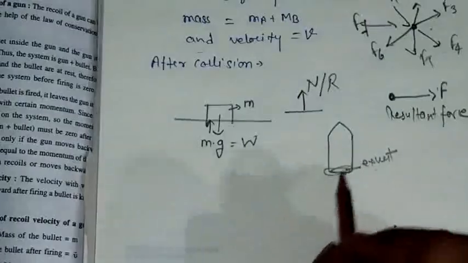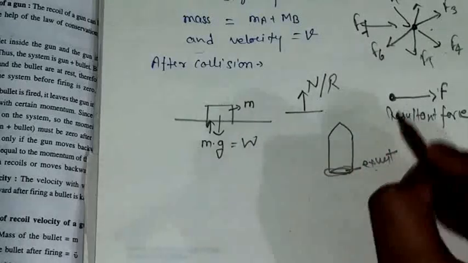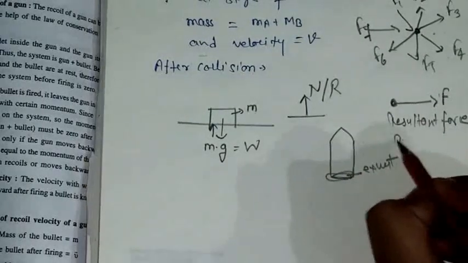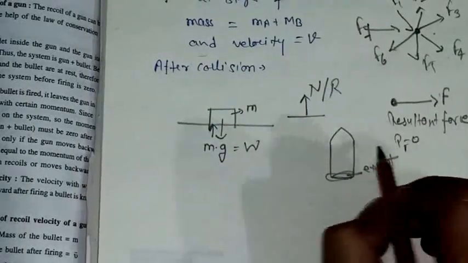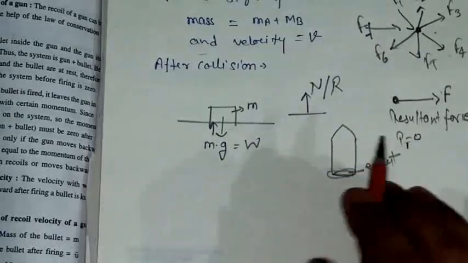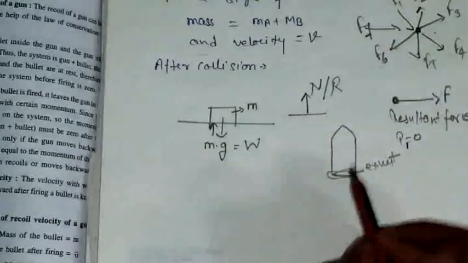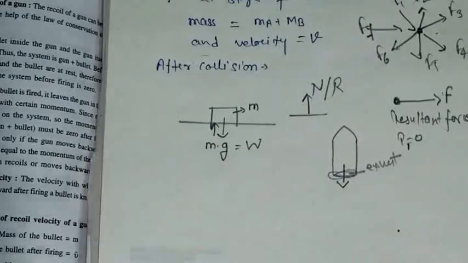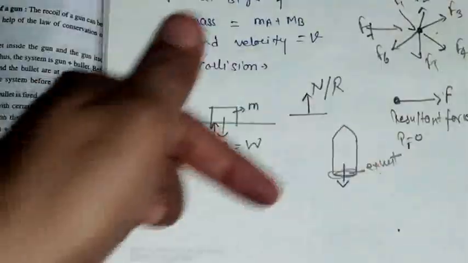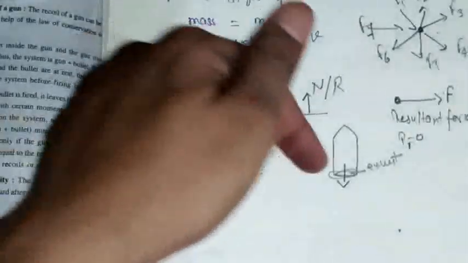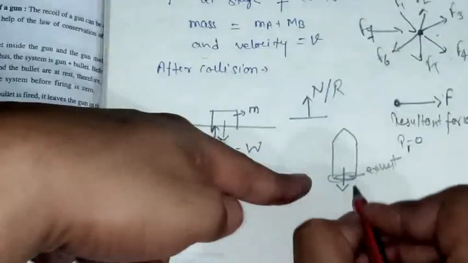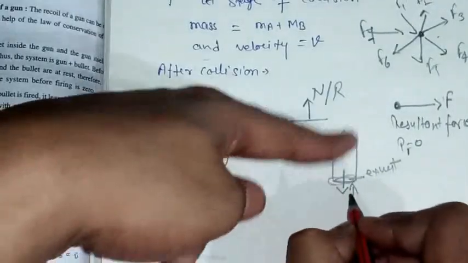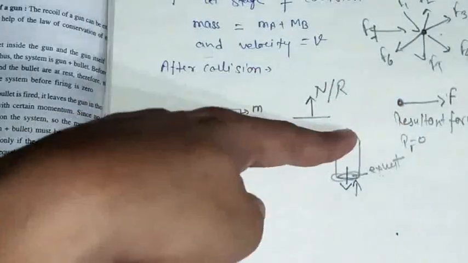Initial condition p is equal to 0. In the final condition, when it leaves gases from its rear or exhaust, these gases put some force on this rocket and this rocket moves.